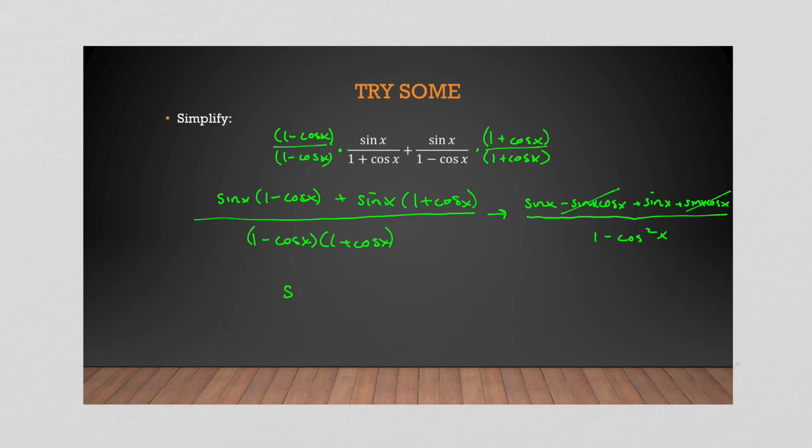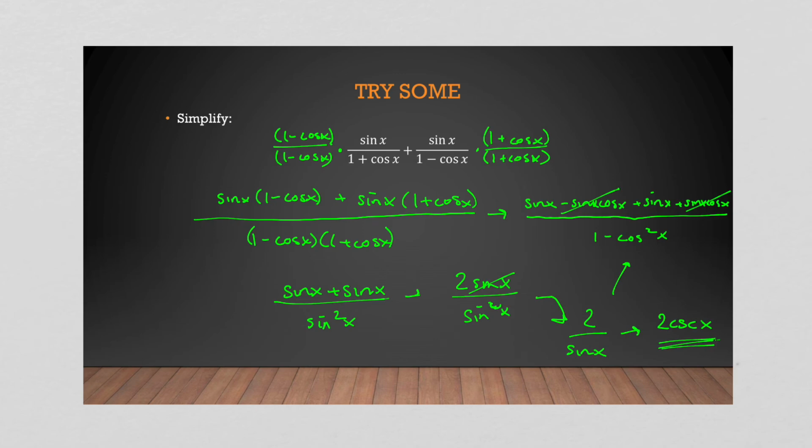So now we have sine x plus sine x over, and here again, Pythagorean identity, that is equal to sine squared x. So now we have 2 sine x over sine squared x. And again, sine x cancels with one of the sine x's on the bottom, which gives us 2 over sine x, which can simplify to 2 cosecant x. And we are done. So getting a common denominator there is a good place to start, and it actually ties in the conjugate as well.